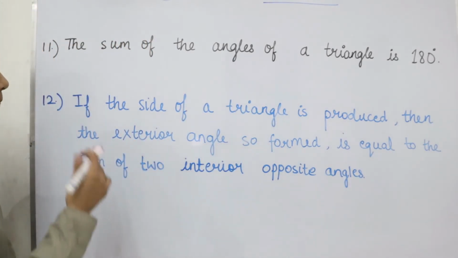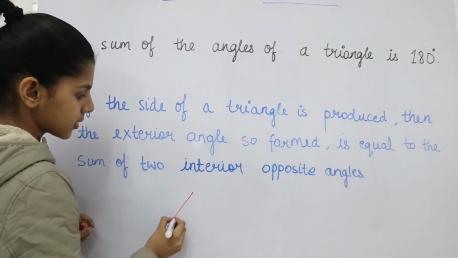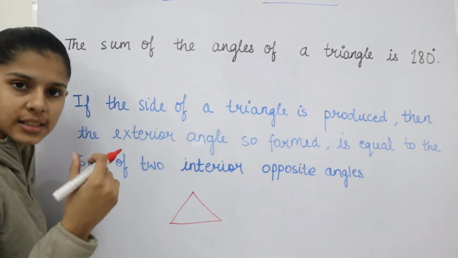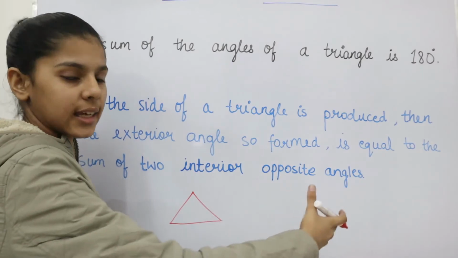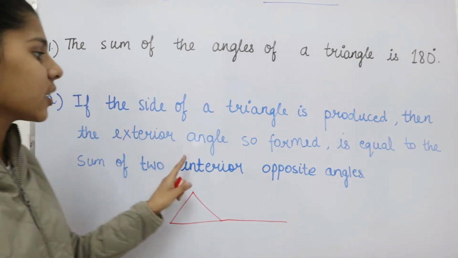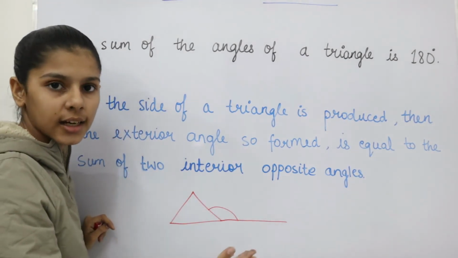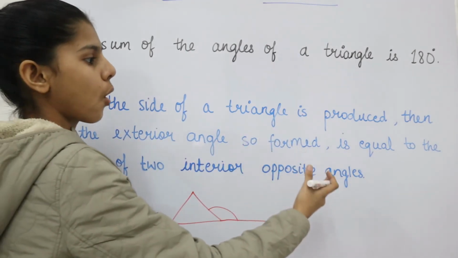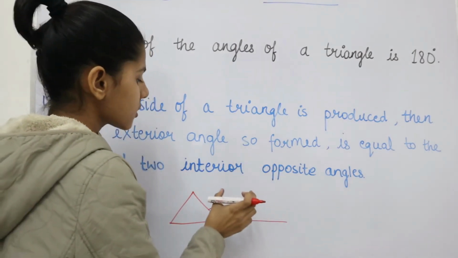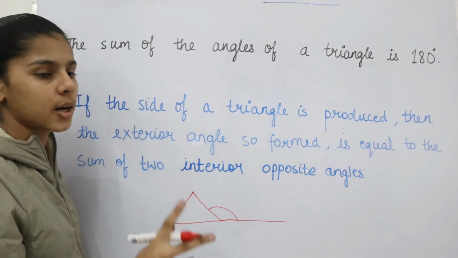The 12th one is: if a side of a triangle is produced, that is, extended, then the exterior angle so formed, meaning this angle outside of the triangle, is equal to the sum of the two interior opposite angles.